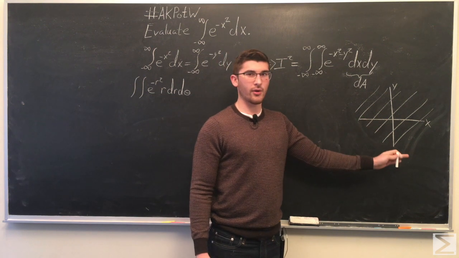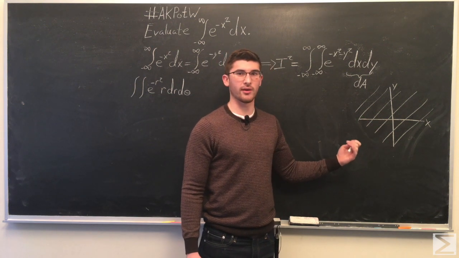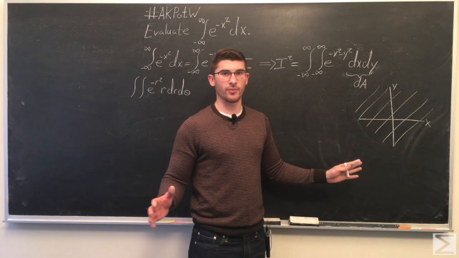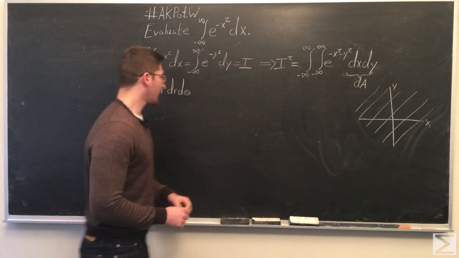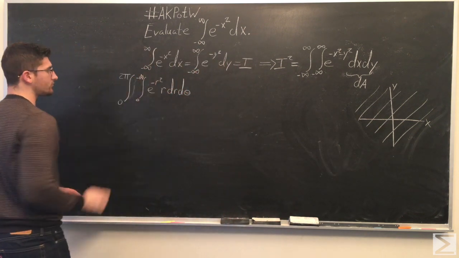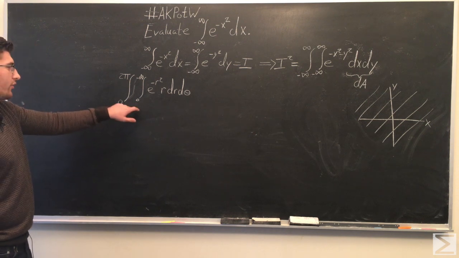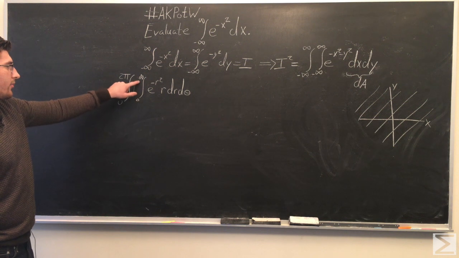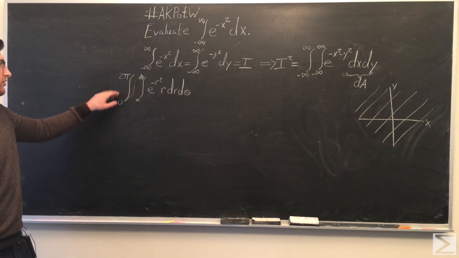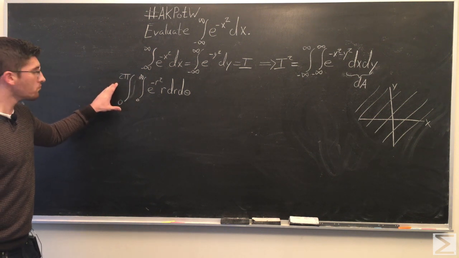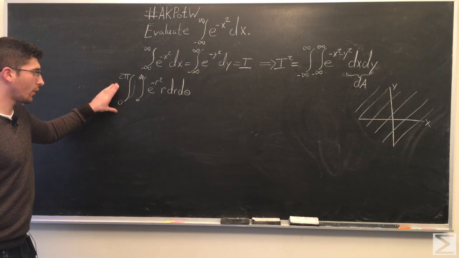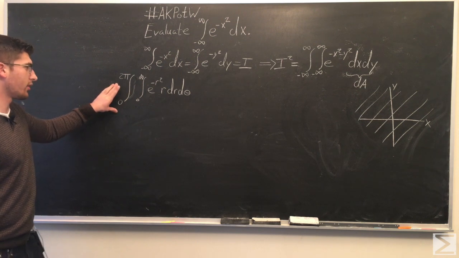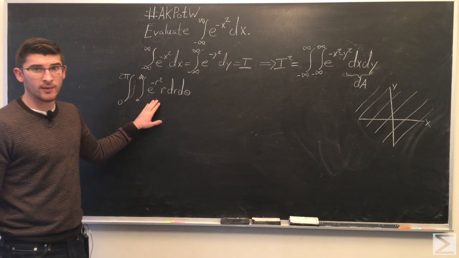It goes all the way out, and then all the way around in a big, infinitely large circle. So we're taking the integral from 0 to infinity with respect to r, and 0 to 2 pi with respect to theta.